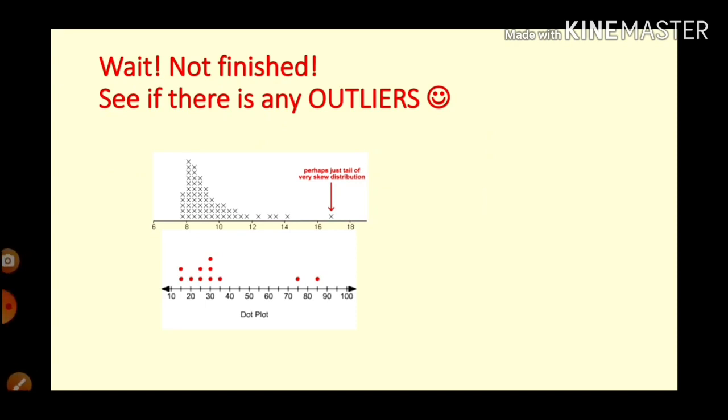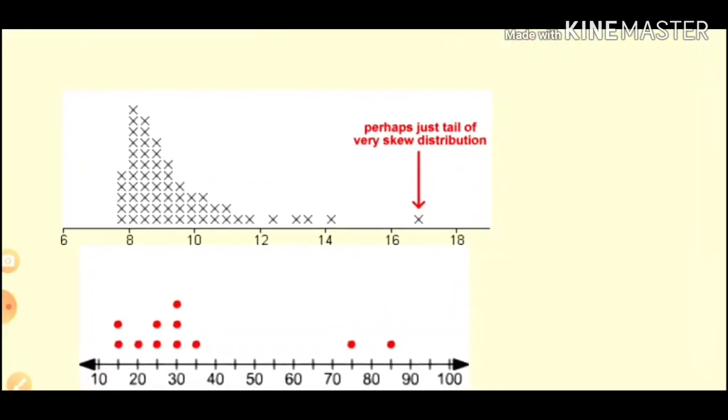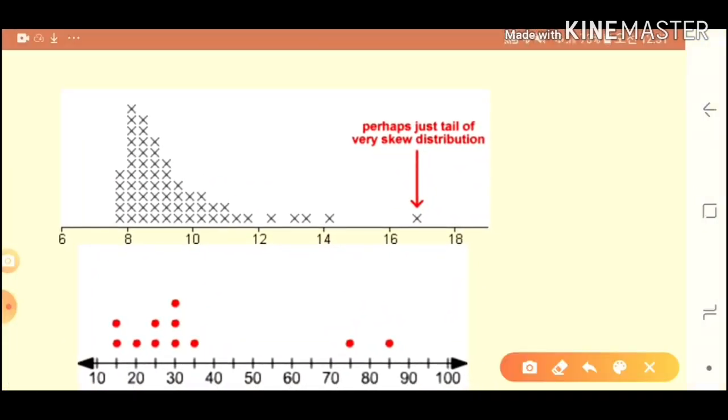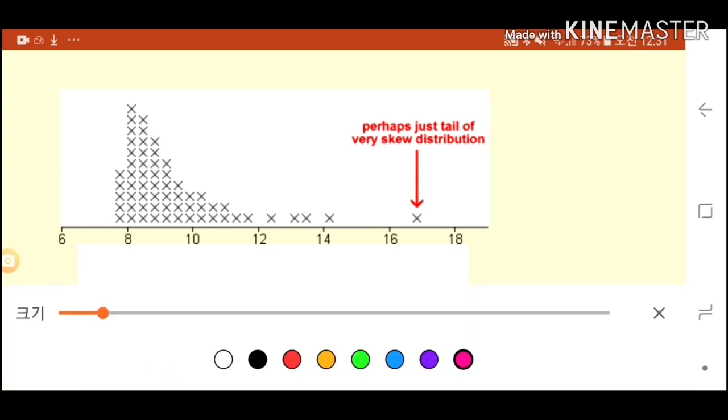So what does it mean by outlier? The majority of data are concentrated on the left hand side, and then this last one on the right hand side, that one is the odd one out. Sometimes, according to the context, it's easy to explain.